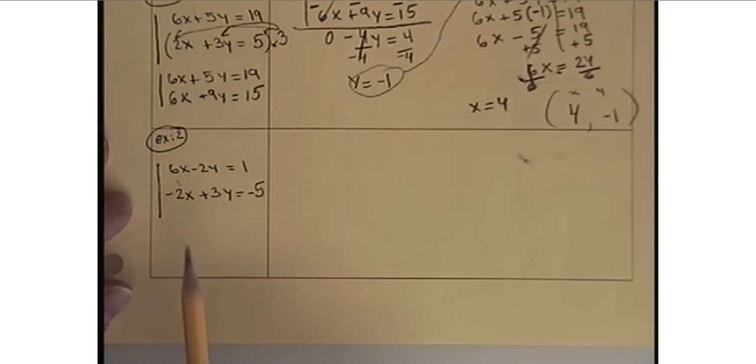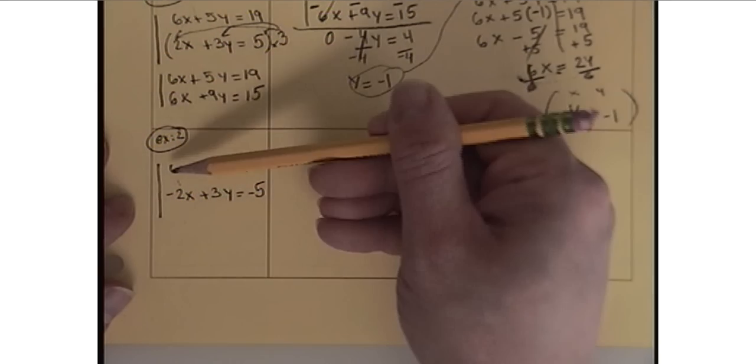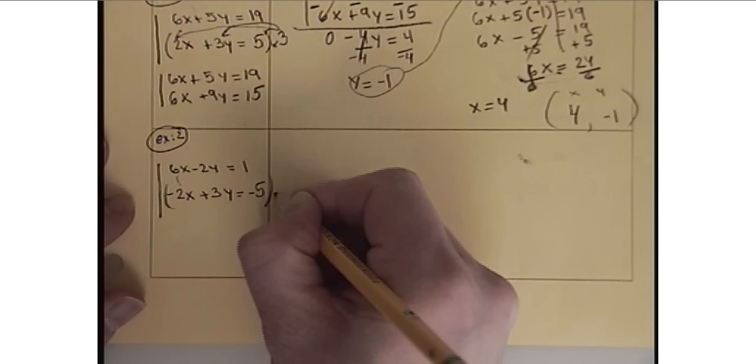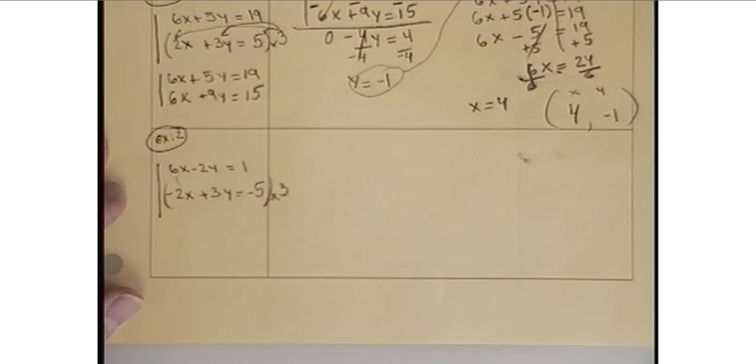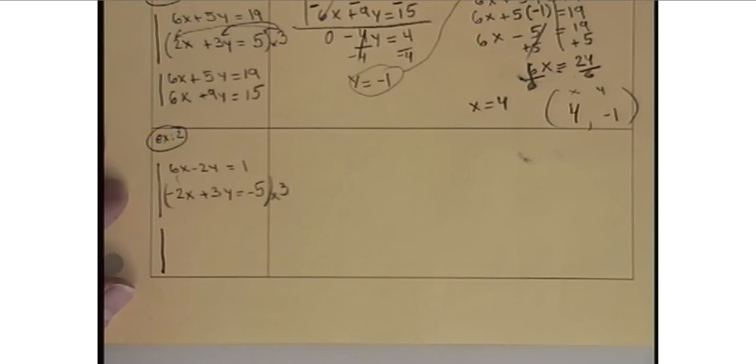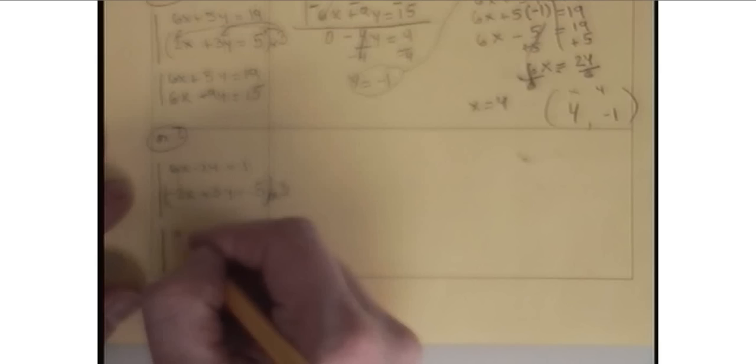So if we look at the x terms, y terms, and the numbers, the easiest term to work with will be x, because 2 times 3 will give us 6, and we can equalize those numbers right away. So I'm going to multiply this whole thing by 3, and my new system will look like this.